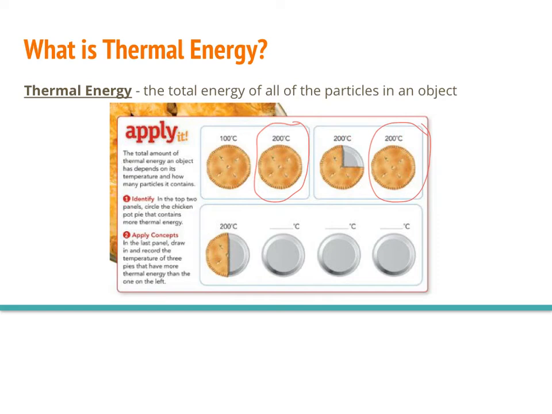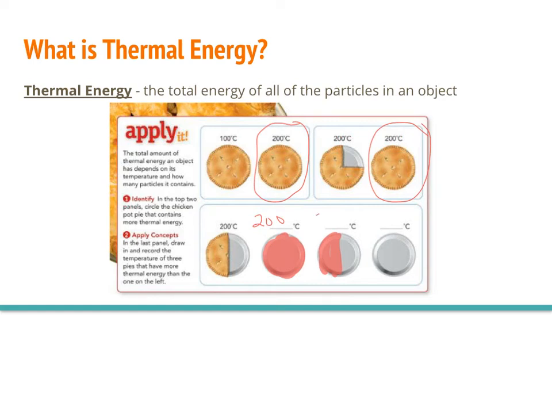So if the pie on the left is at 200 degrees Celsius, we could make a pie that has more particles and is at 200 degrees Celsius. That would have more thermal energy. We could draw a pie that has the same amount of particles but is at a higher temperature.